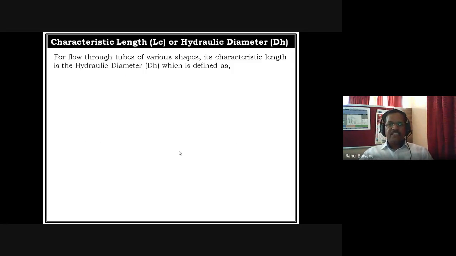Now the characteristic length. As I said, for external flow, when flow is over any surface, whatever the flow direction dimension of that surface, if it is along the length, the characteristic length will be the length. If it is along the width, then the characteristic length will be the width.